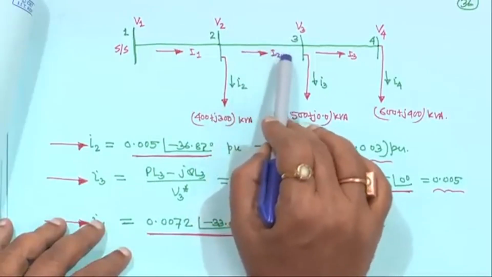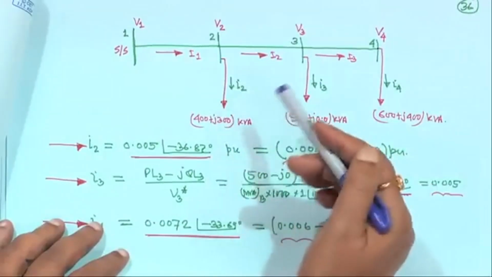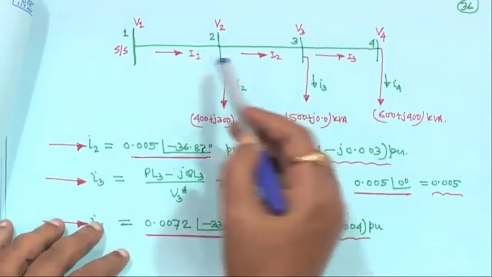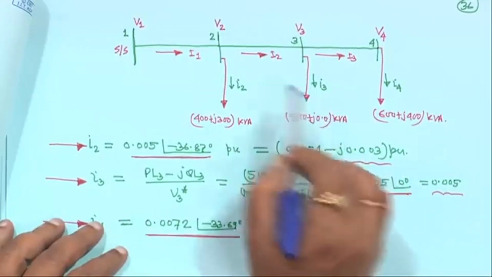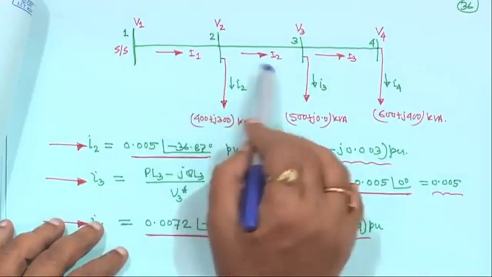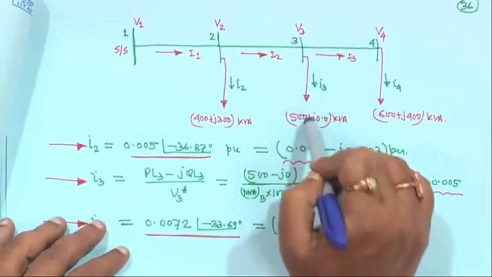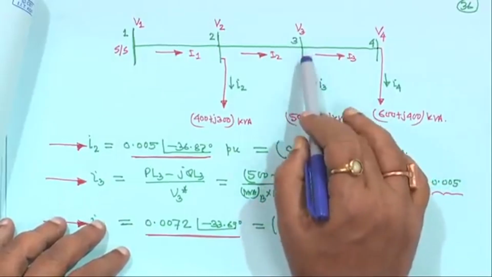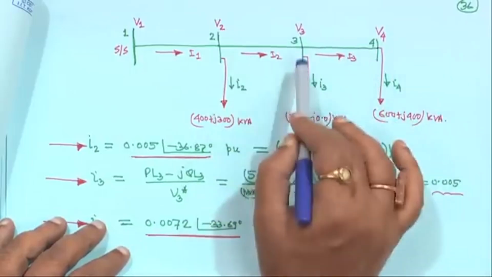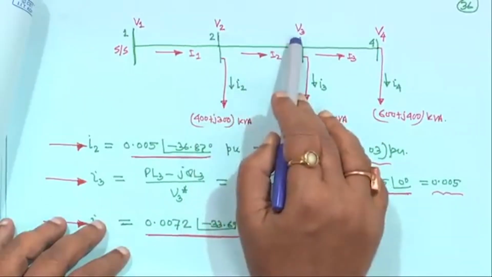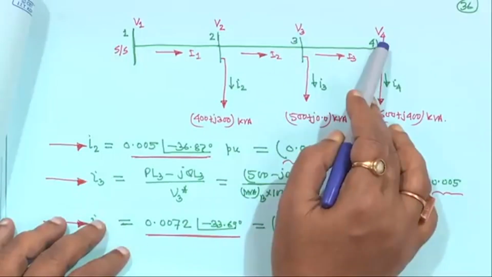Because of this capacitor, this branch current and this branch current will be less, but here I3 will remain more or the same, because it is connected at node 3. Beyond this node, any node will not be affected, though because of this capacitor this voltage will improve to some extent, right.